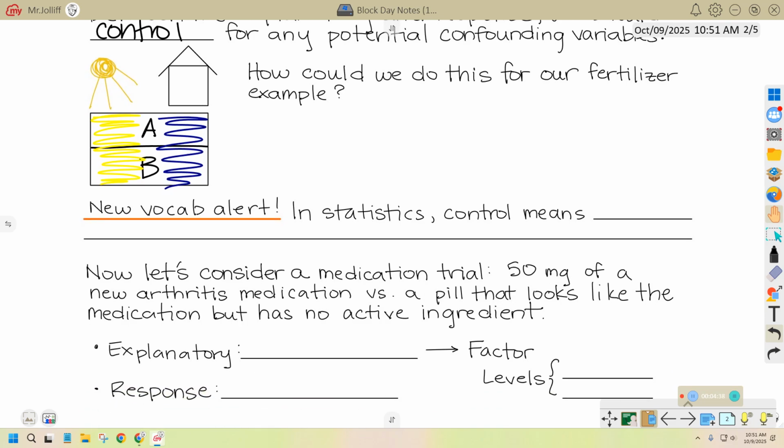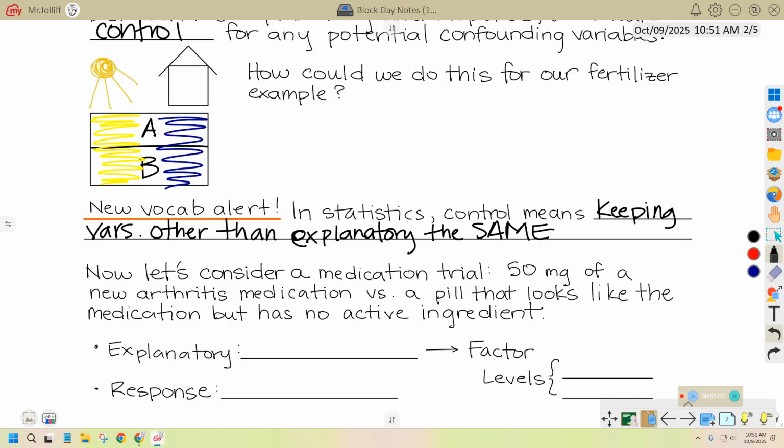Whoops, I keep forgetting the pen. I want the same conditions across all treatment groups.